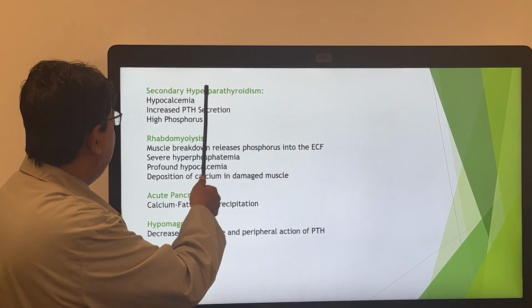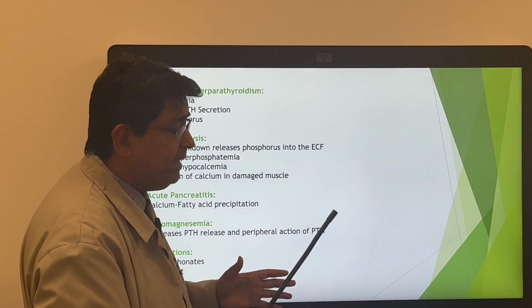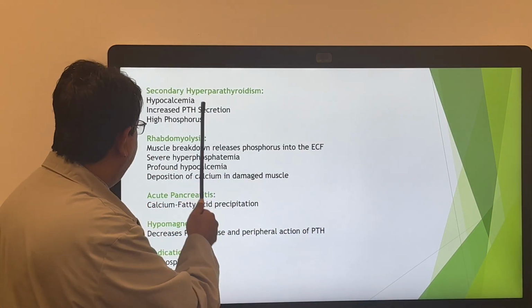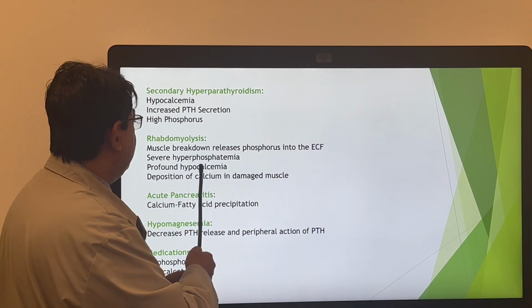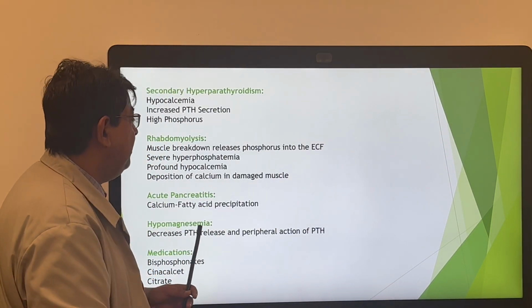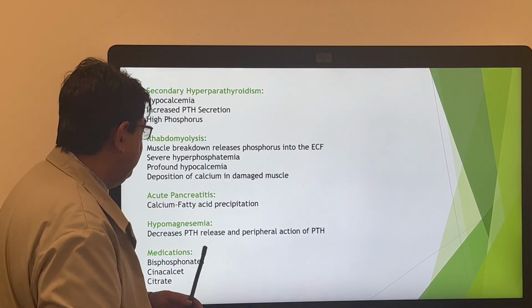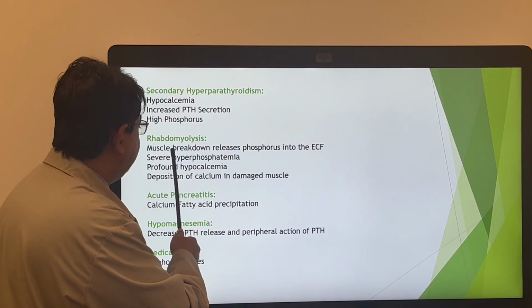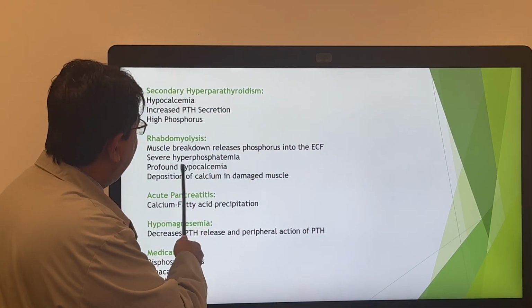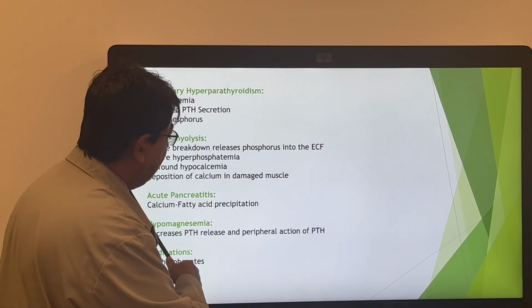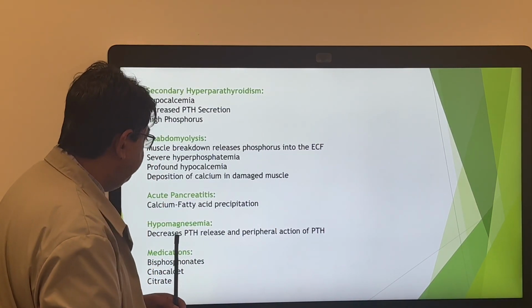So for secondary hyperparathyroidism, you should think of the classic triad: hypocalcemia, increased PTH, and high phosphorus. Rhabdomyolysis results from muscle breakdown, releasing phosphorus into the extracellular fluid, and is typically associated with severe hyperphosphatemia and resultant profound hypocalcemia, partly due to deposition of calcium in damaged muscle.